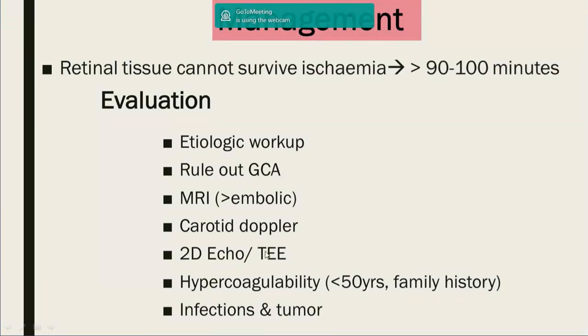And 2D echo to rule out any blocks present in the heart. And hypercoagulability, especially if the patient is young, and if they give you family history of loss of vision or any other strokes, then you should evaluate them for thrombophilia. And you should also always rule out infections and tumors.